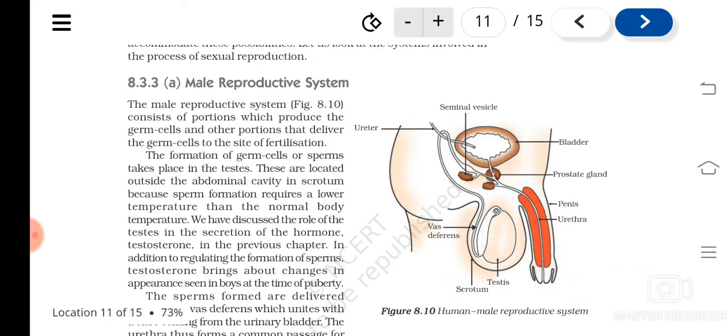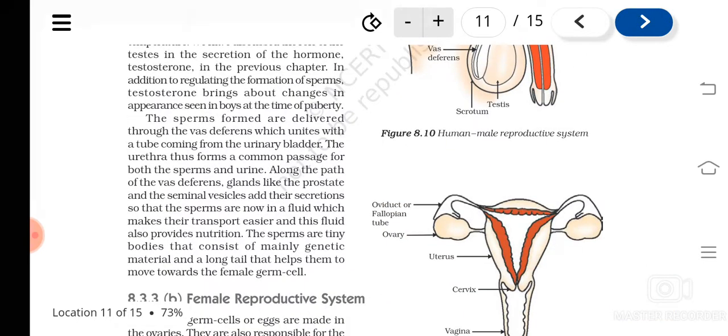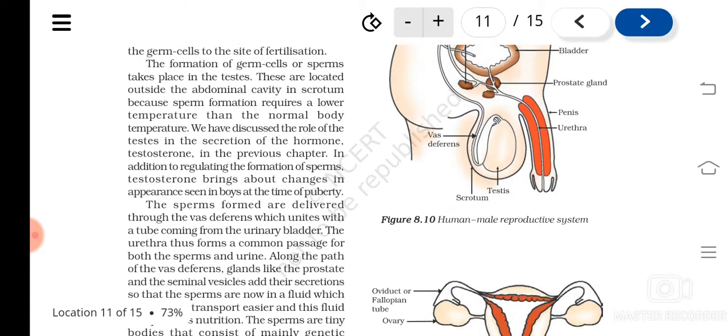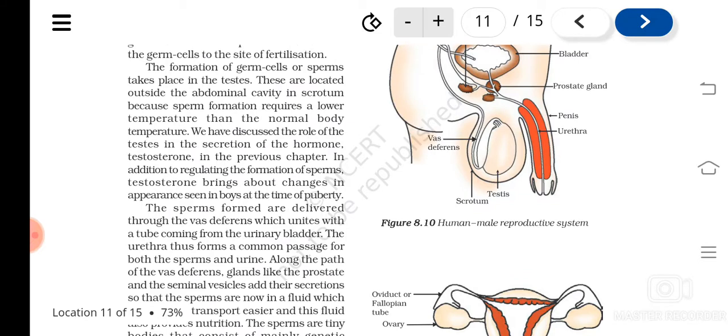The next part is what? The epididymis. Actually, from the testis, the sperms are taken by the vas deferens. The vas deferens takes the sperms from the testis, and it arches over the ureters.